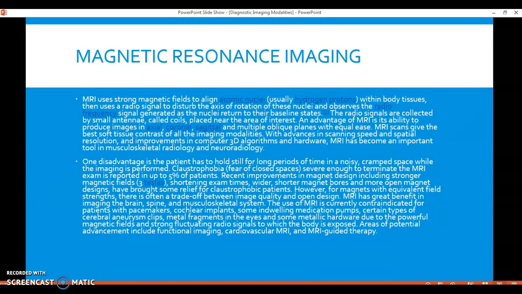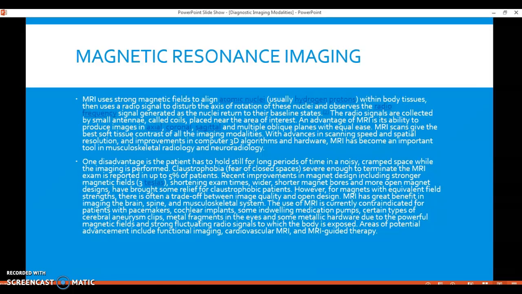The magnets in MRI are classified by T, standing for Tesla. I'm sure many of you have heard of Nikola Tesla, or the Tesla cars. He is who we credit for our MRI imaging. Without his magnetic expertise, we would not have MRI imaging.